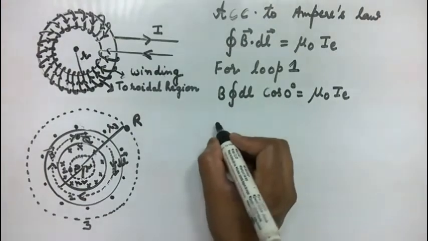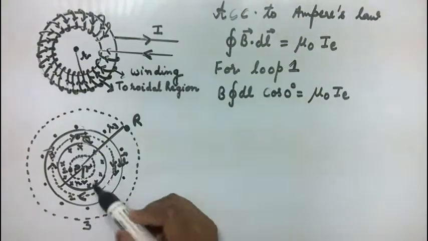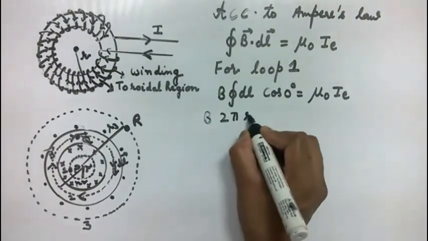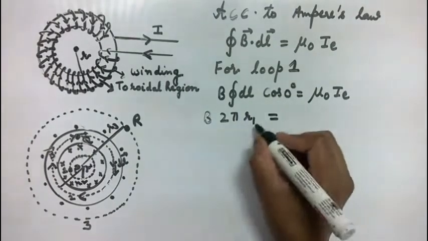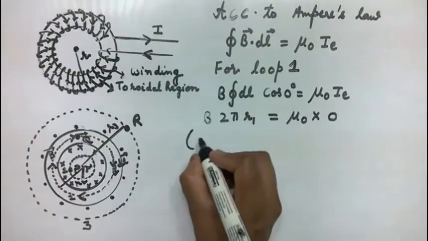Integration of dl is equal to the circumference of this loop, which is 2 pi r1.